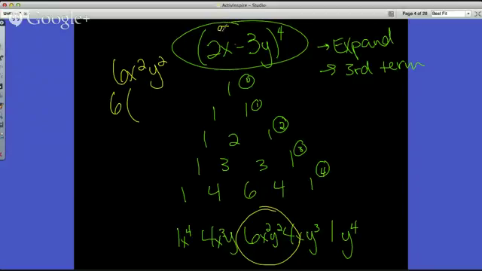Remember, a would be the first one, right? B would be the second? 2. Yeah, so 2x would go in for, I know it's kind of confusing when I say 2x goes in for x, but that's the first component, right? So 2x goes in for x. We're going to square it. And what goes in for the y here? 3. Yeah, negative 3y. Very good.